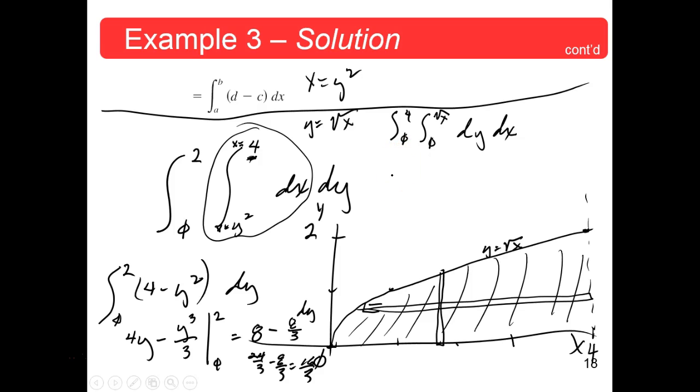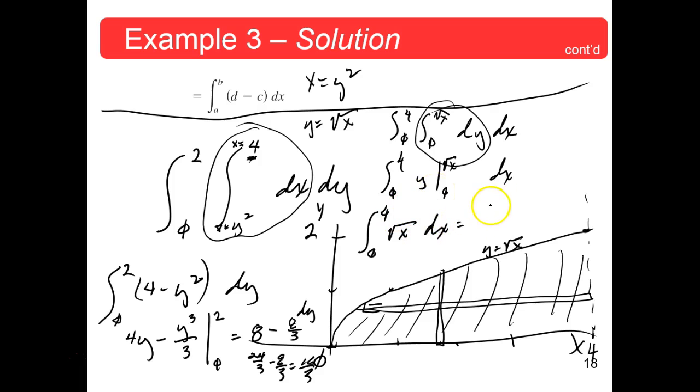And what do you do first? Inner. Okay, we do the inner one first. So we'll leave this alone, 0 to 4. The dx will stay that. Okay? And what's the antiderivative of dy? Y. Okay? So it'll be y evaluated from 0 to square root of x. Okay? And that would be the integral from 0 to 4 of, when you plug in y is equal to square root of x, you get square root of x minus 0 dx.